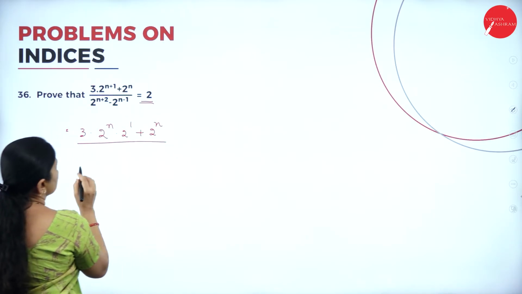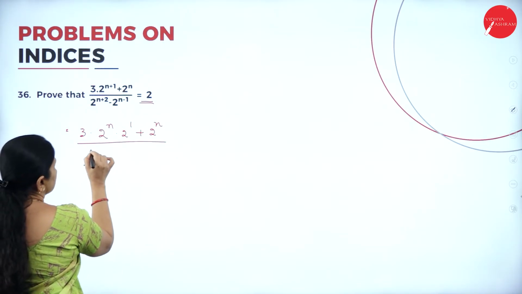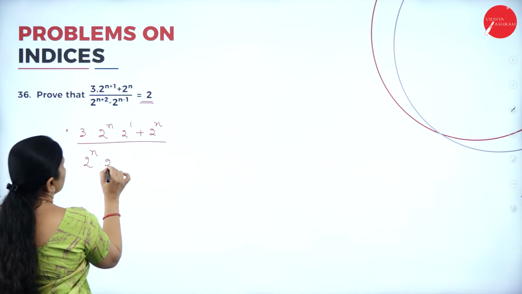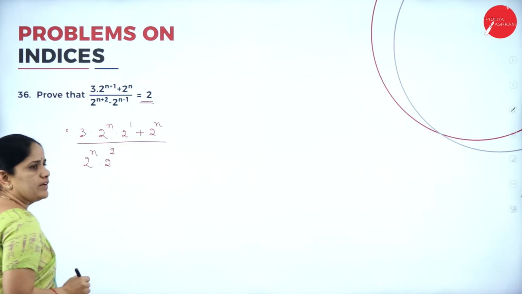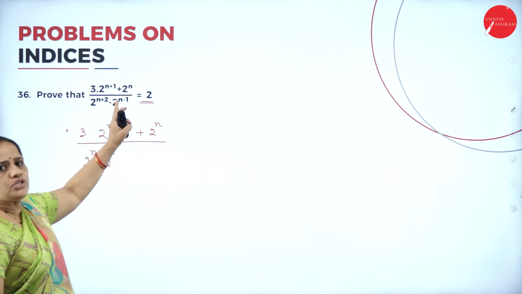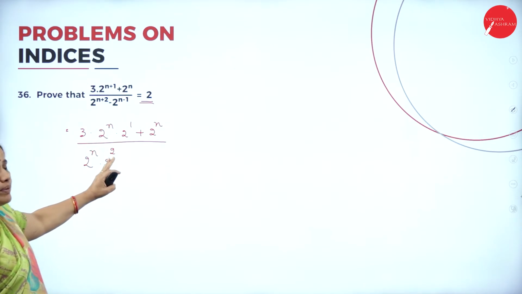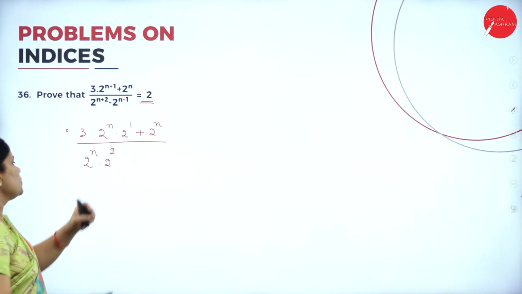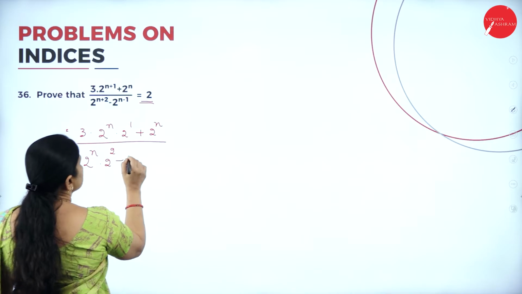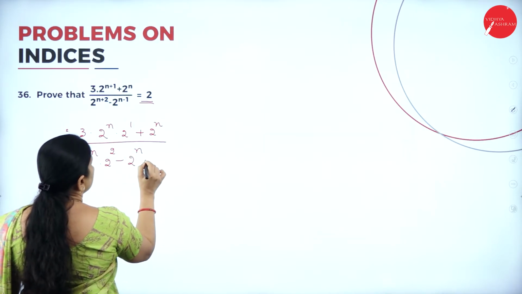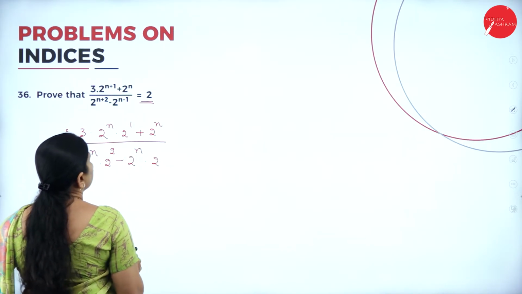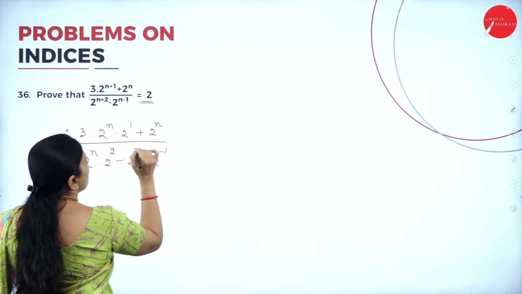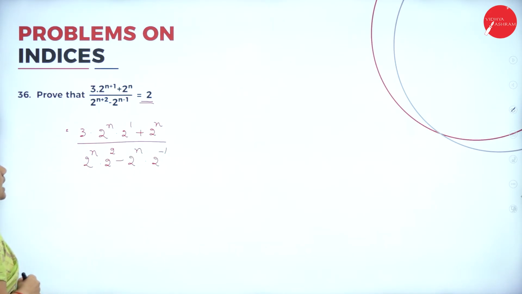Again, in the denominator, I will write 2 to the power n into 2 to the power 2, minus 2 to the power of n into 2 to the power of minus 1. So, this is how we have to split it and write.